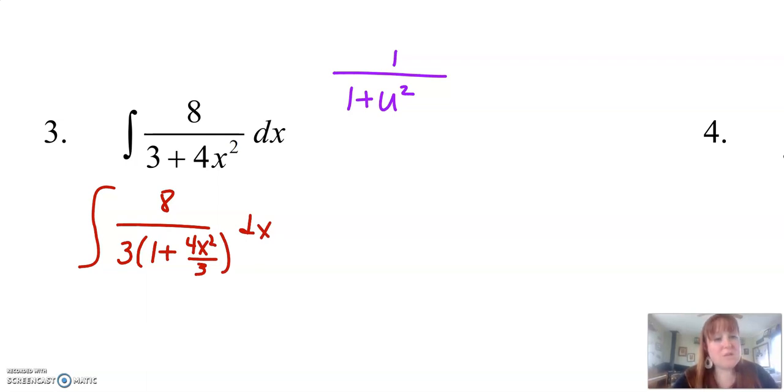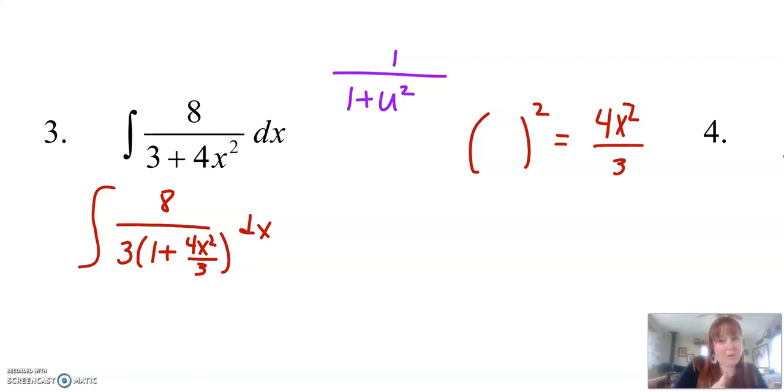Okay, so now what do we need to square? What squared equals 4x squared over 3? So basically we got to go backwards, right? We got to take the square root of the top and the square root of the bottom to figure out what we squared to get there.